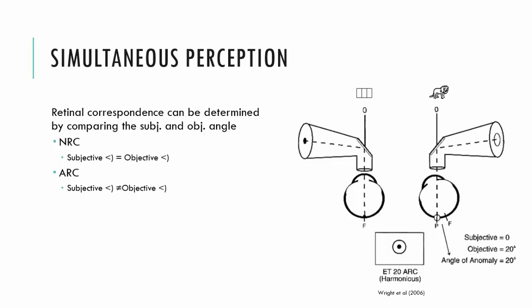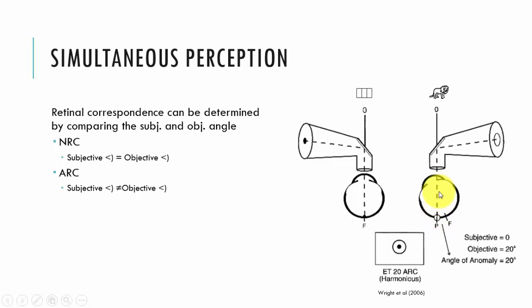And you see here, the image to the right, we have a patient whose CIP is here and the fovea is here. Initially, as you begin, the line will be projected on CIP, and then you'll move the tube so that the image falls on fovea. Should the patient have normal retinal correspondence, the line will be in the cage at this time. However, in the example we have here, the patient sees the line in the cage here.